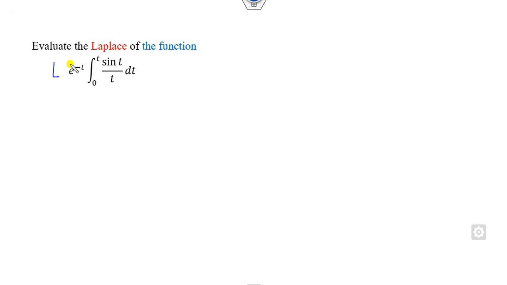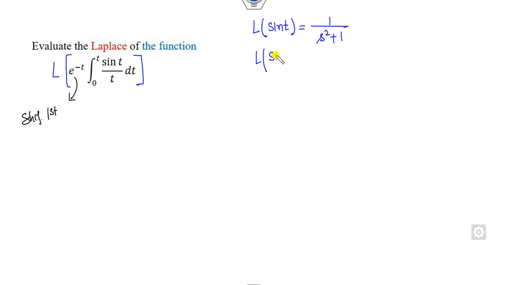Again, your target is to find the Laplace of this. Clearly, this has an exponential quantity, which means we have to use the shifting first theorem. So firstly I can find the Laplace of this quantity. Again I can start from the Laplace of sine t. It is 1 over s square plus 1. Then I can apply the rule of sine t divided by t.